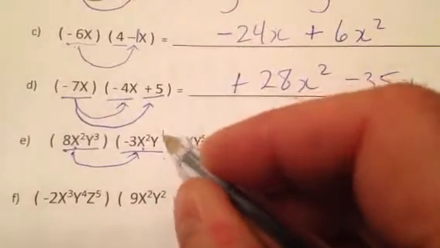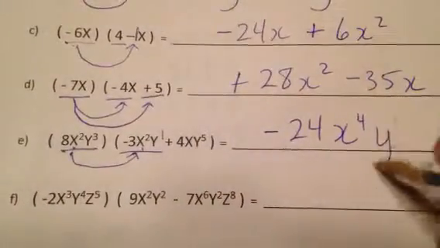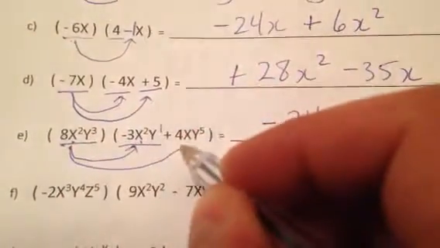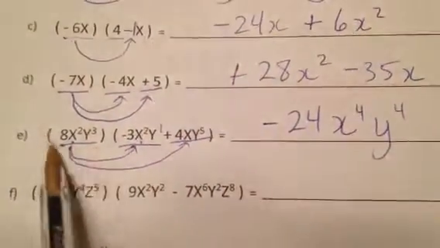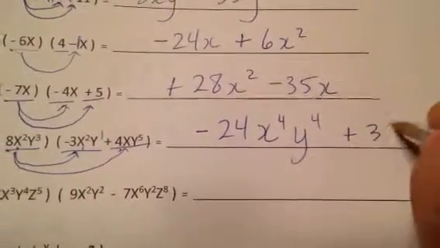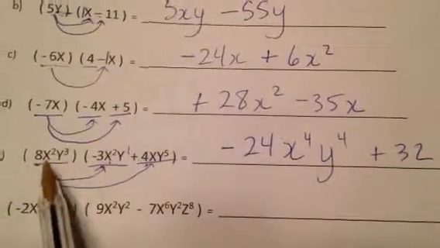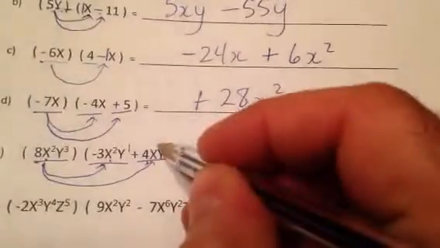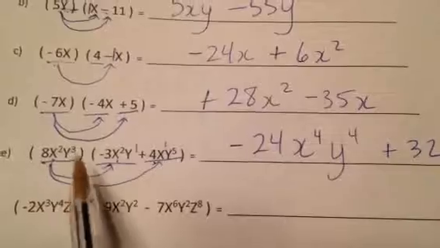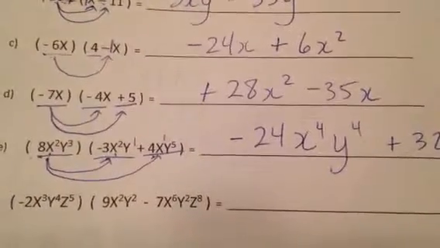Y3, y1, y4. Then we multiply this times this. So 8 times 4 is positive 32. We have x squared, x with a 1, x to the power of 3, y3, y5, y to the power of 8.